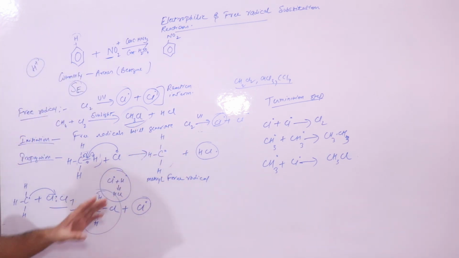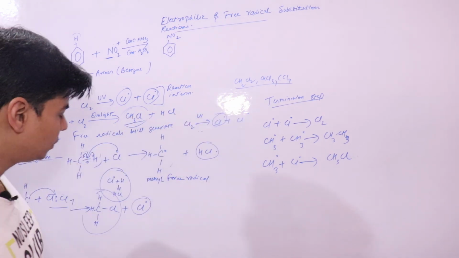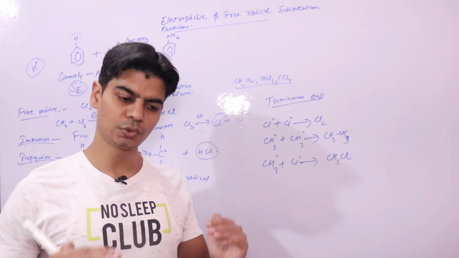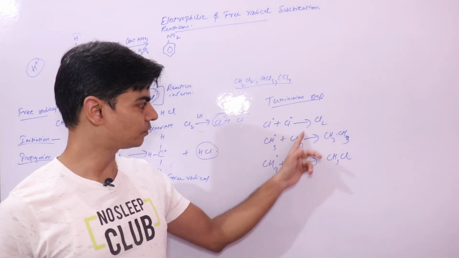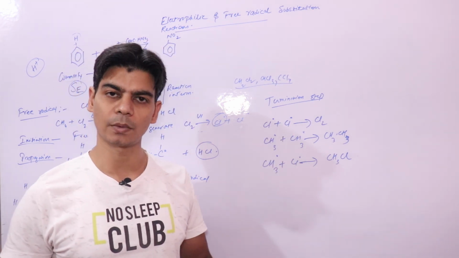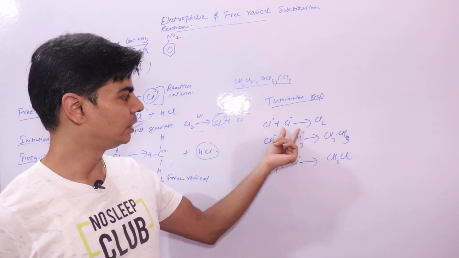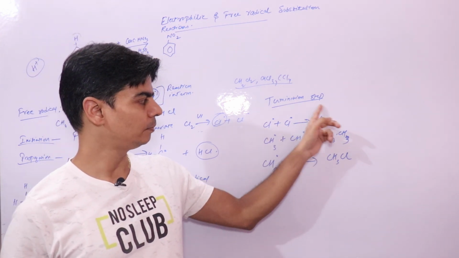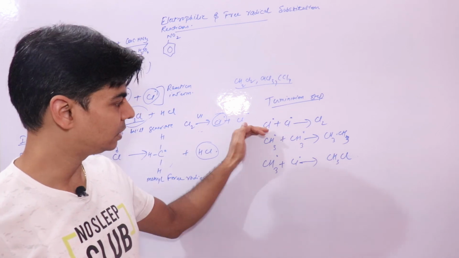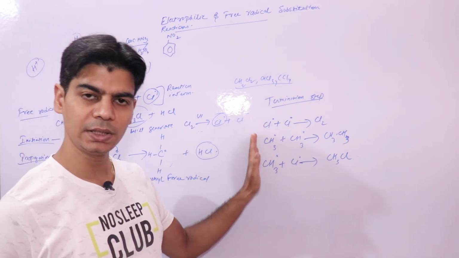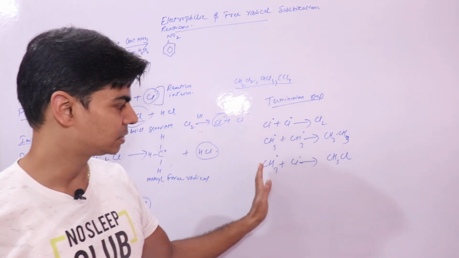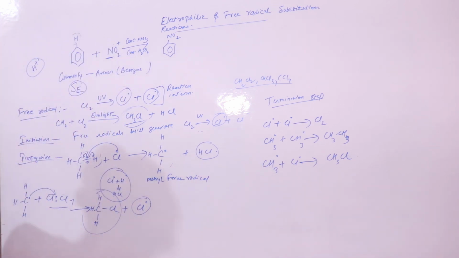Then it further undergoes substitution reaction to form these products. Now in the termination step, the formation of these free radicals should get stopped. So these free radicals will react among one another to form these neutral molecules, where basically the free radicals are deactivated to form products.